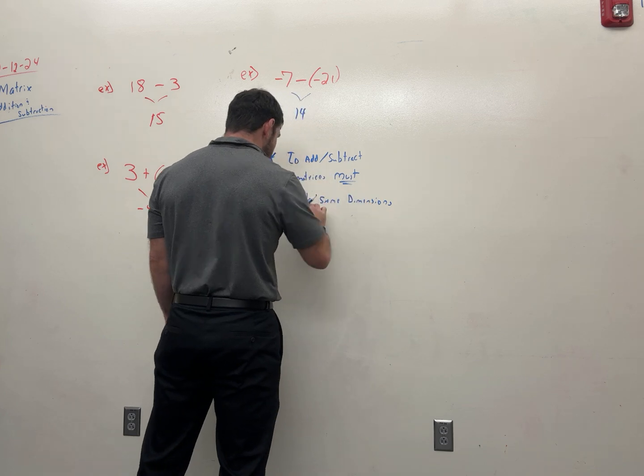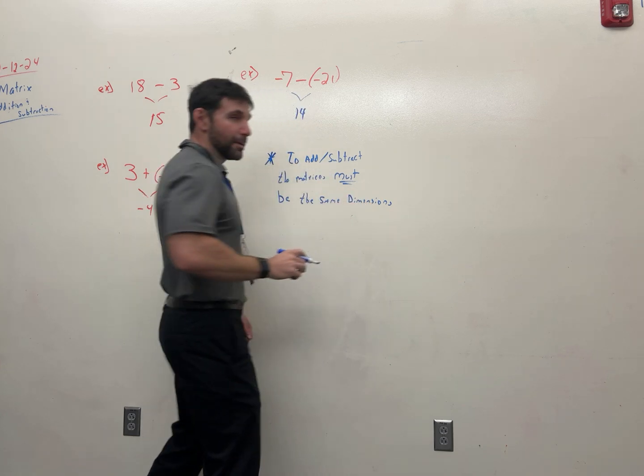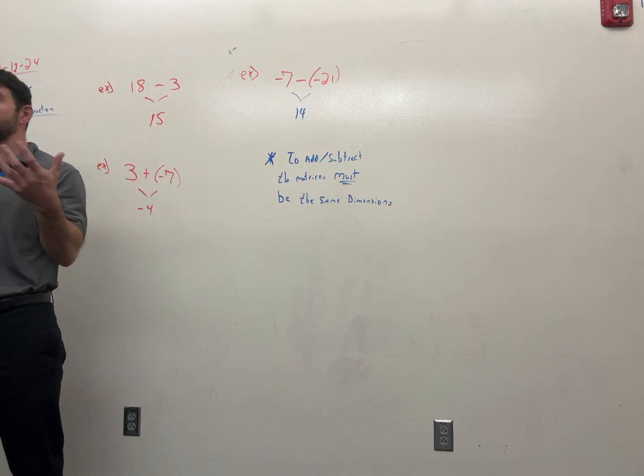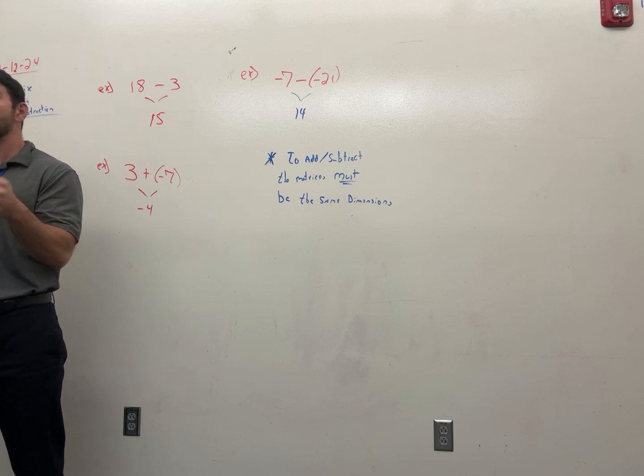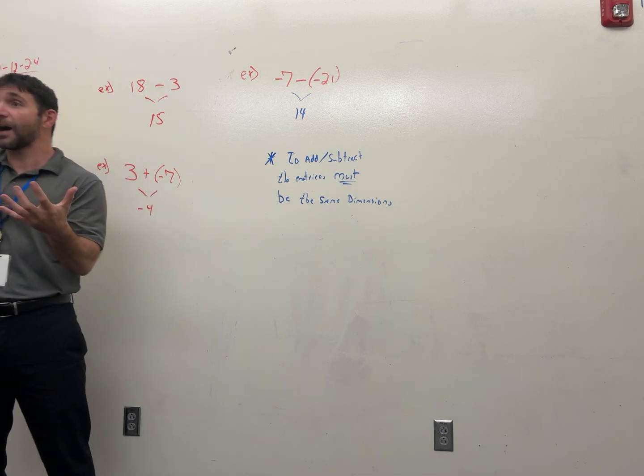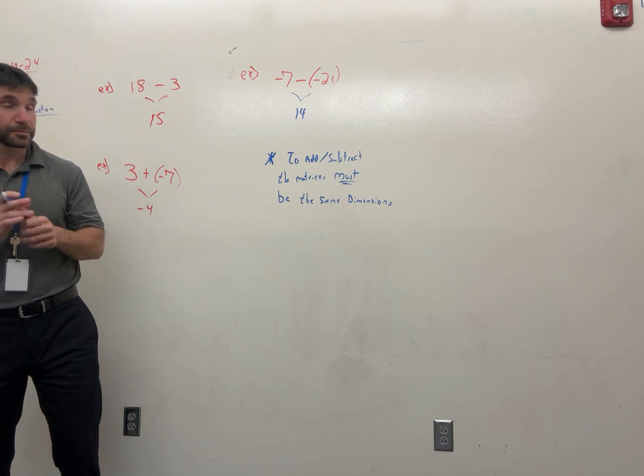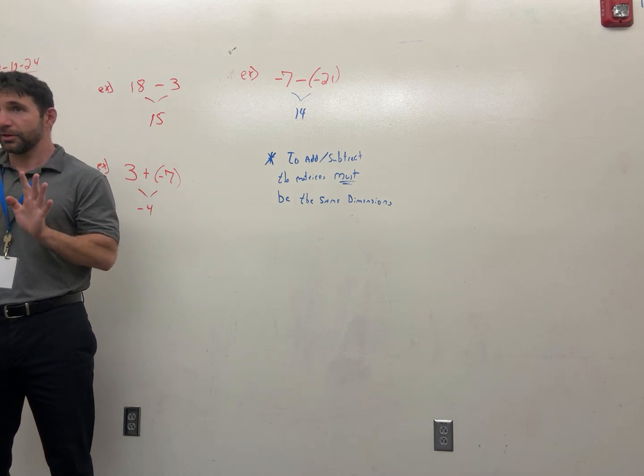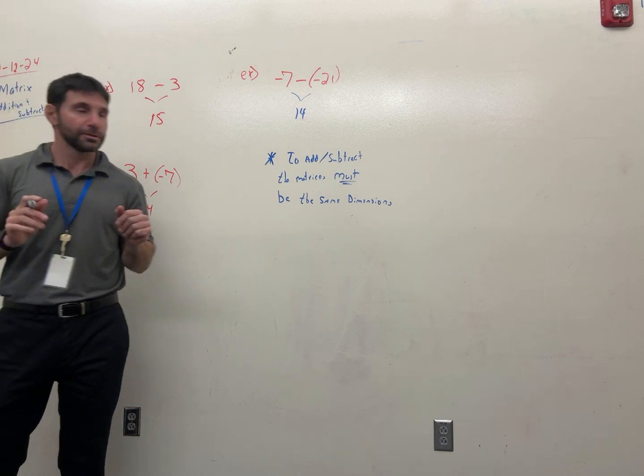That's really the only rule. That means that I can have a 3 by 3 and a 3 by 3, and I can add those. But I can't add a 2 by 2 with a 5 by 3. I know this is going to be hard for you. So just bear with me.